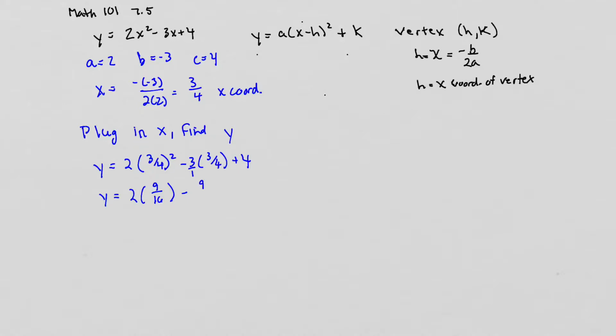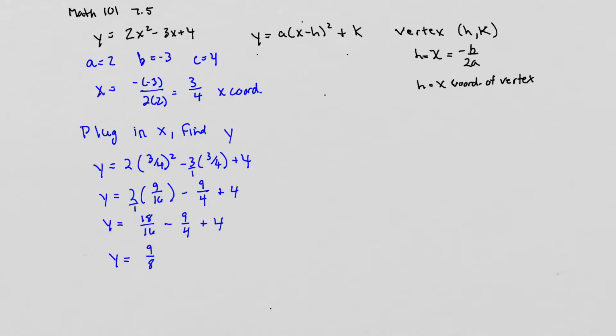So you have the 3 times 3 in the numerator and a 1 times 4 in the denominator. When you're multiplying this 2, this is a 2 over 1. So you have 2 times 9 or 18 and 1 times 16 or 16 in the denominator. The 18/16 reduces to 9/8.